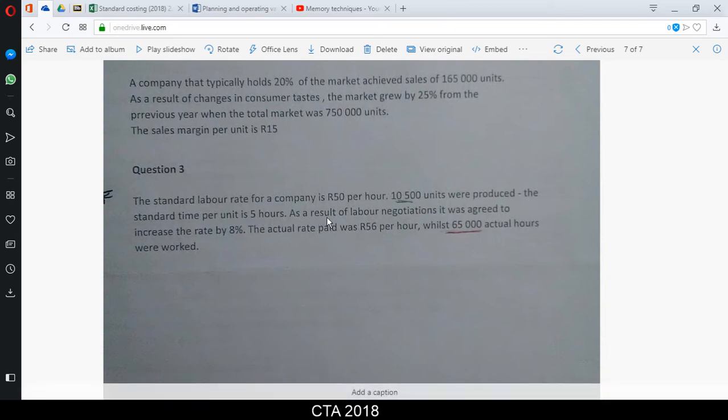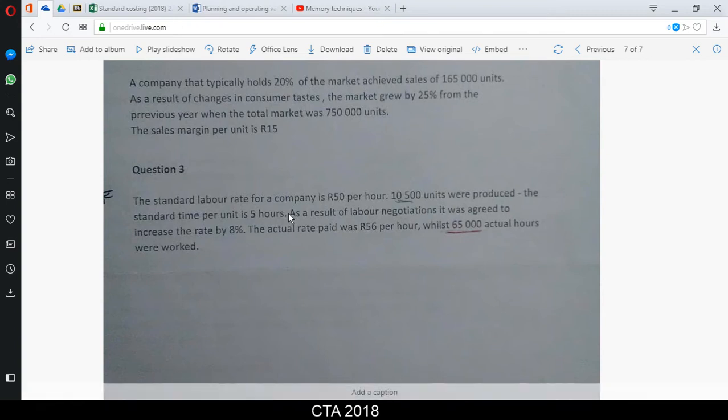As a result of labor negotiations, it was agreed to increase the rate by 8%. The actual rate paid was 56 per hour, whilst 65,000 actual hours were worked. Now, this statement, as a result of labor negotiations, it was agreed to increase the rate by 8%.